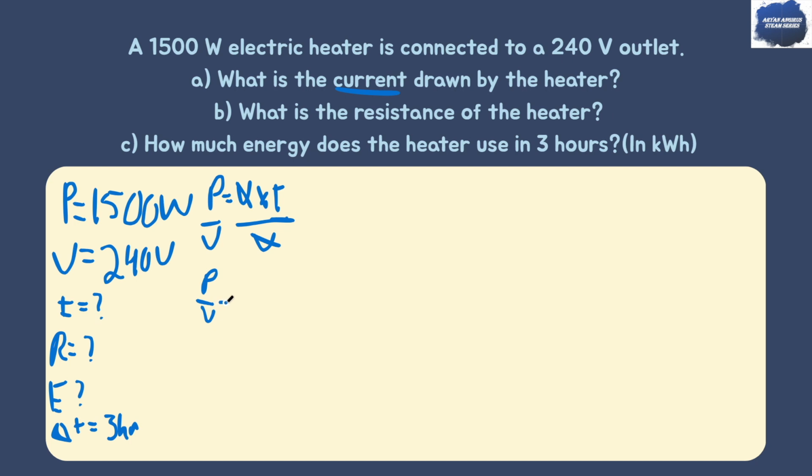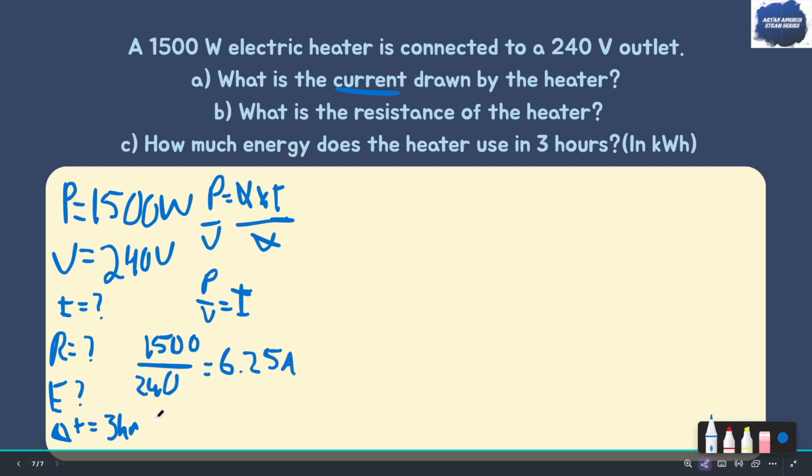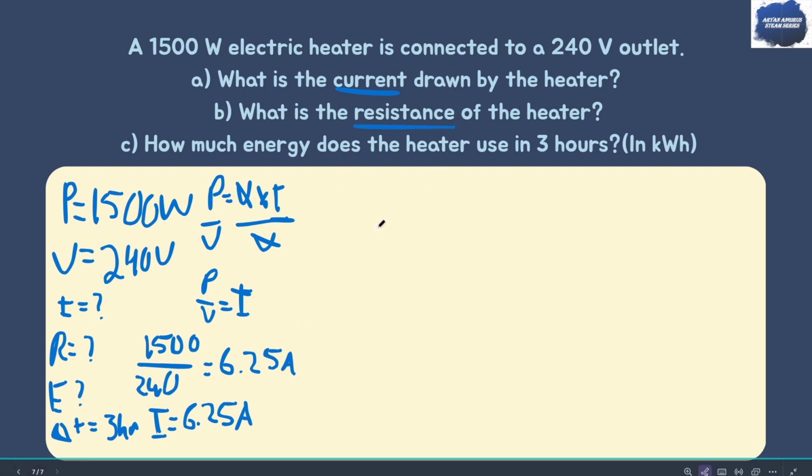P divided by V equals I, and that's 1,500 divided by 240, which is equal to 6.25 amps. There we go. So we have I equals 6.25 amps.